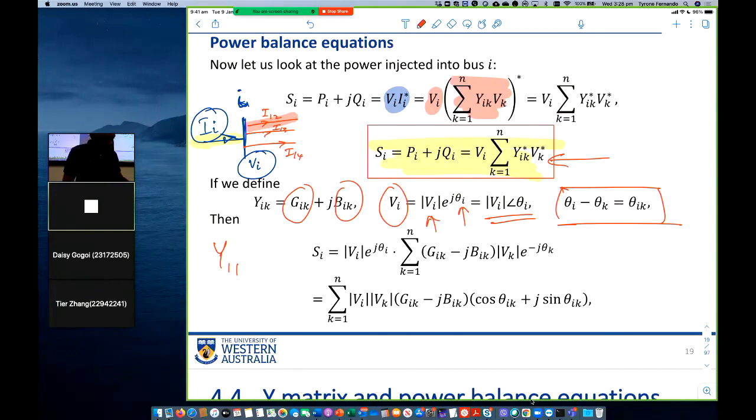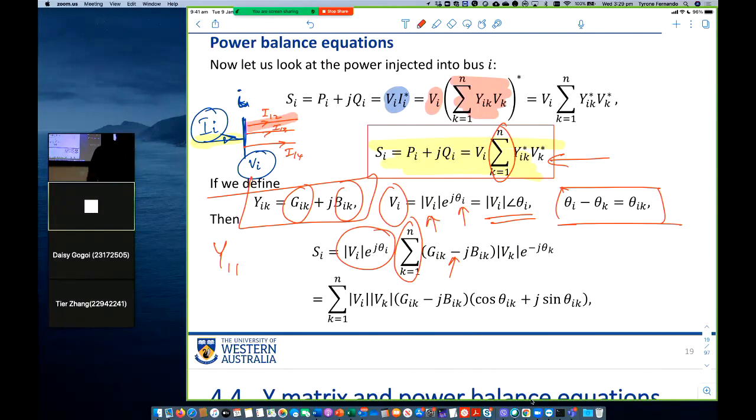So we have Vi in polar form, which has a magnitude and an angle. We have the summation, the same summation. Yik is this guy here, with a real part and an imaginary part. So Yik star is, well, there is this negative sign here because we take the complex conjugate.